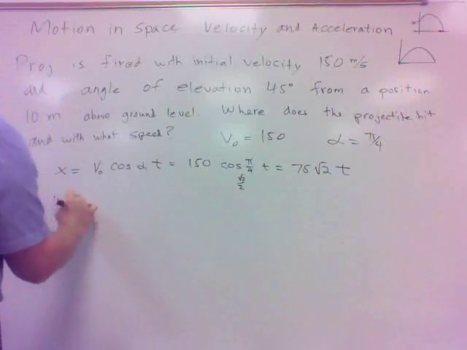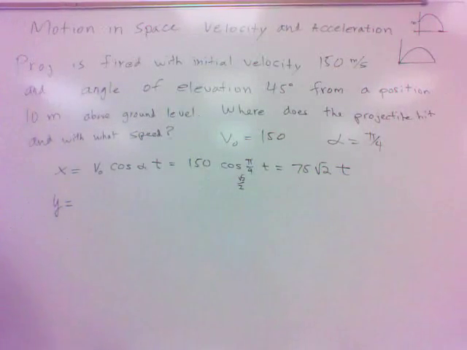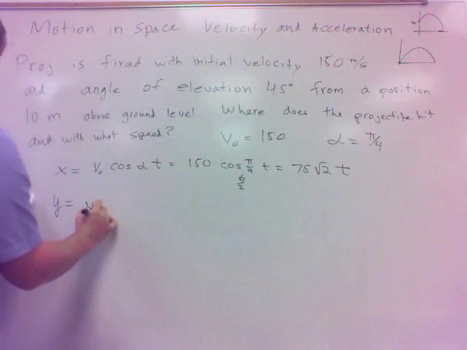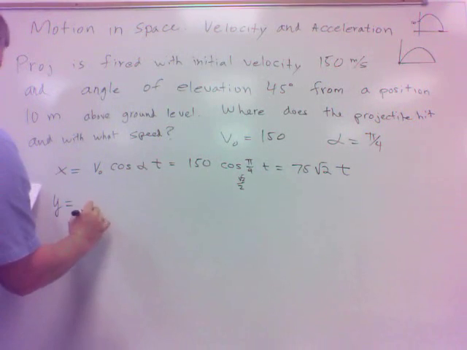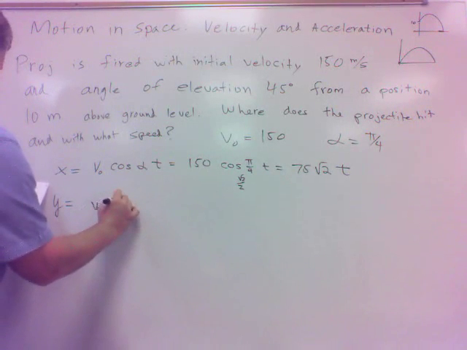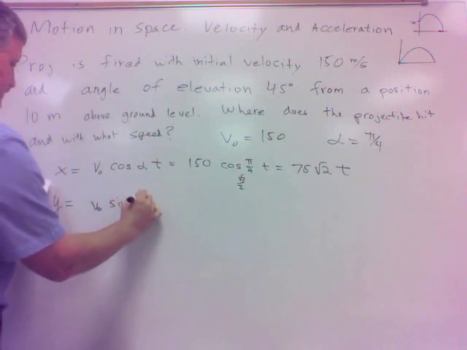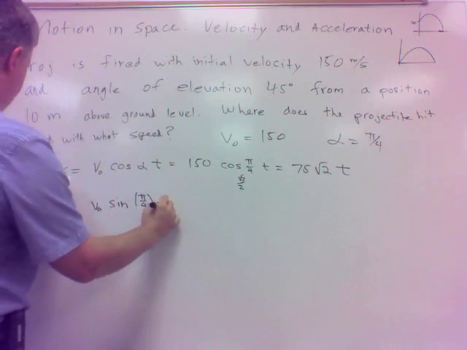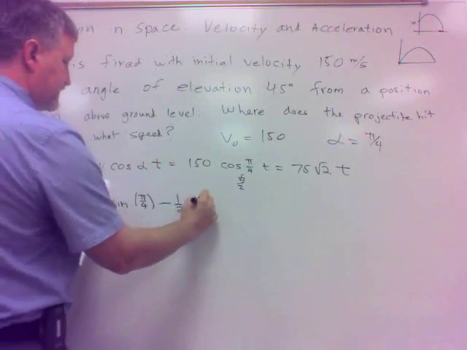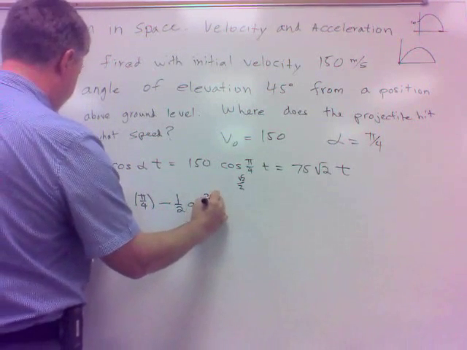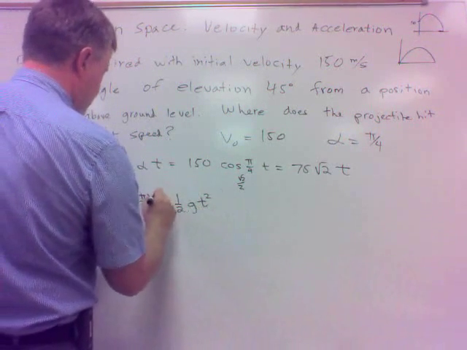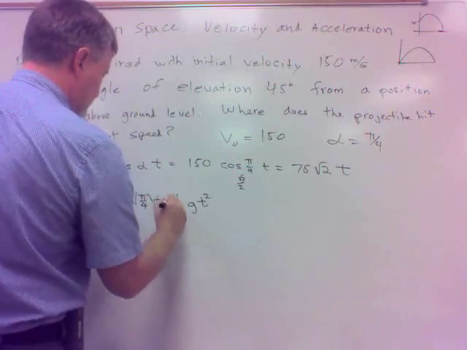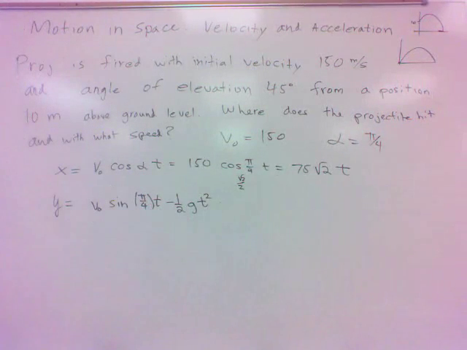All right, then the y is V0 times sine of pi over 4 times t, minus 1/2 g t squared. There's a lot of variables and things to plug in.